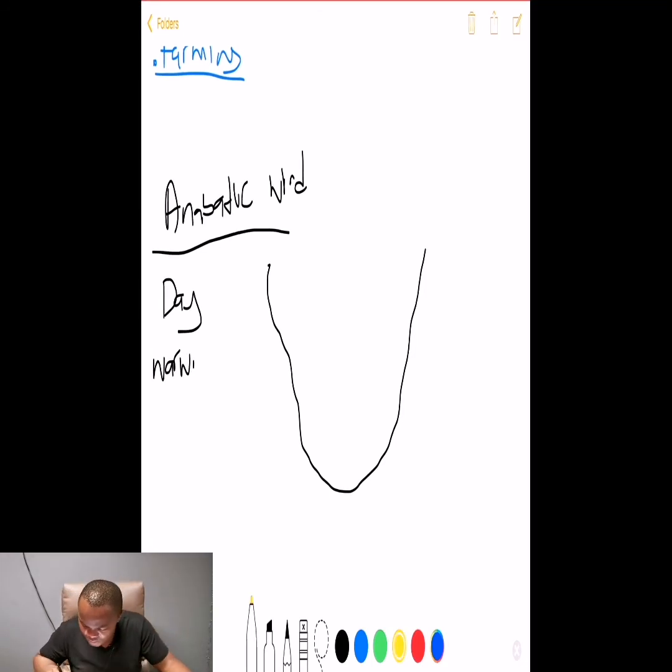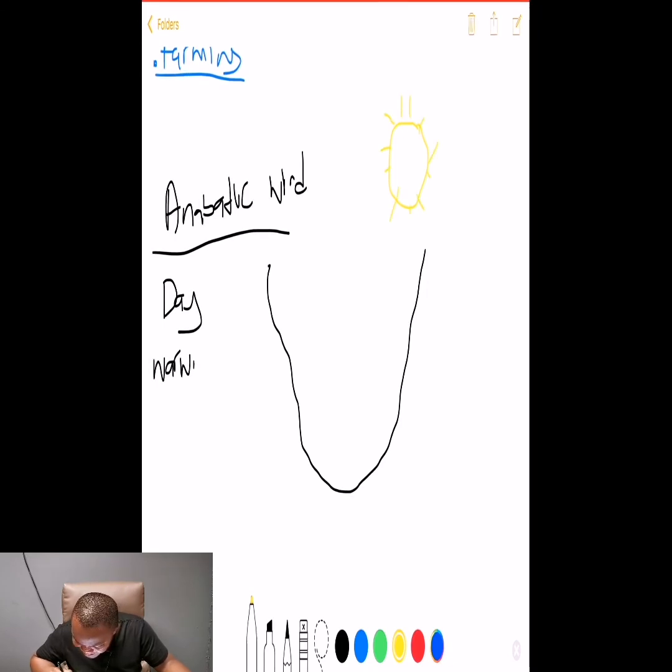Why is this the case? It is because of the sunlight that hits the earth during the day. Just because there is a sun, the earth will receive heat. That's why the anabatic winds occur during the day. They are also called upslope winds, because this is warm rising air.